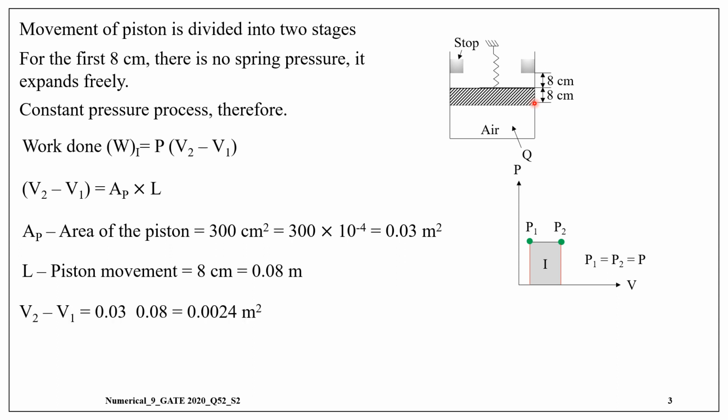Now, V2 minus V1 is equal to 0.03 multiplied by 0.08. Of course, here there is a product or multiplication symbol. The product of these two things gives us 0.0024 meter cube.